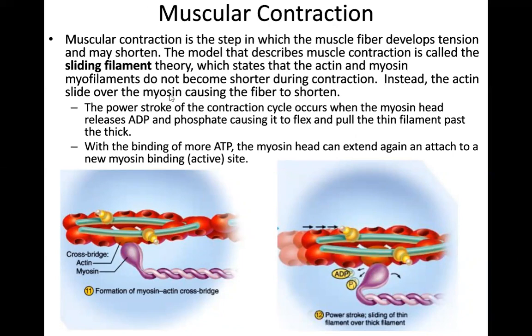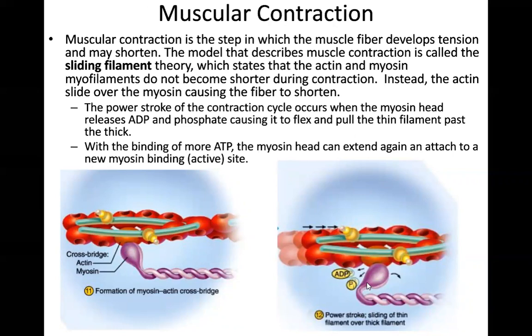The power stroke, sometimes listed as a working stroke, is where we finally grab and pull and slide that thin filament towards the M line, like we're showing going from 11, where it's attached to the flex position, as it pulls the thin filament over the thick.